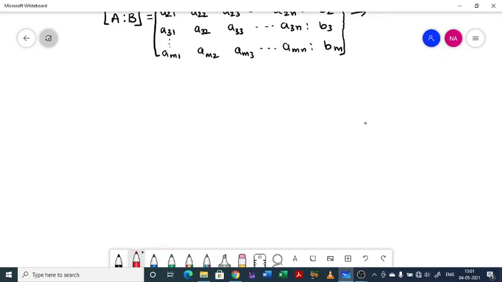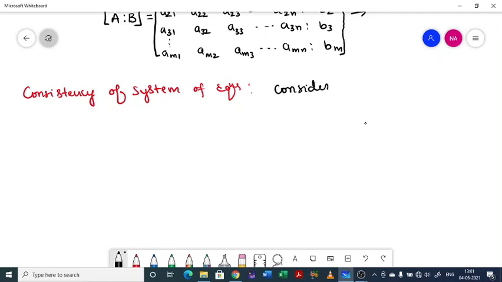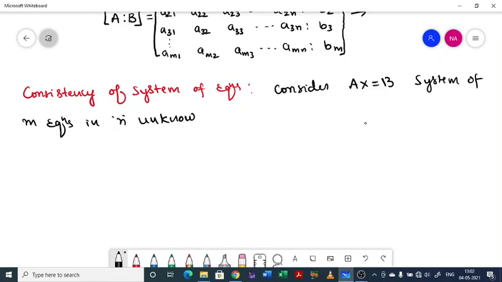Next, consistency of system of equations. So this is the vital part of the discussion. Again, we need to consider Ax equal to B, a system of m equations in n unknowns. So I hope A, X and B are known to you.